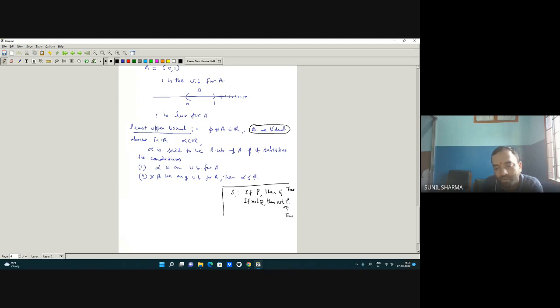So both the statements are equivalent. Can you use this concept and tell me, can we write the definition of least upper bound in another way?